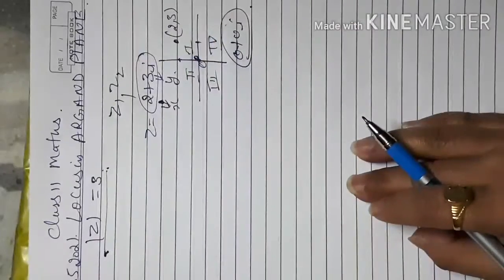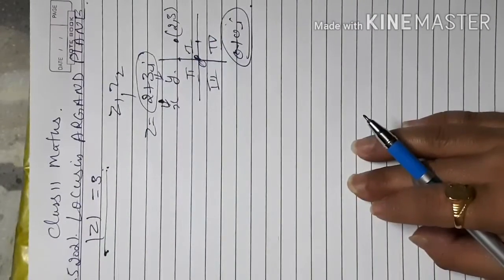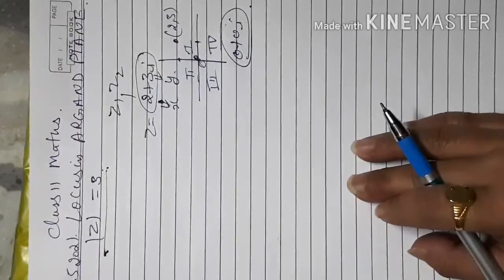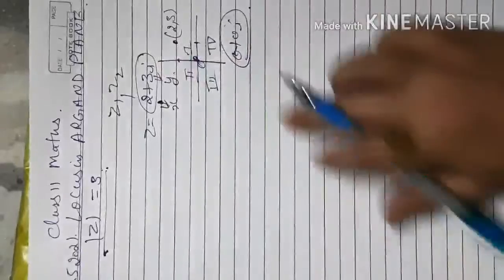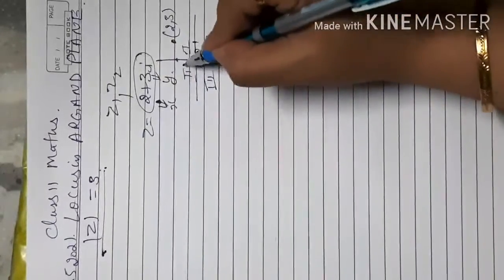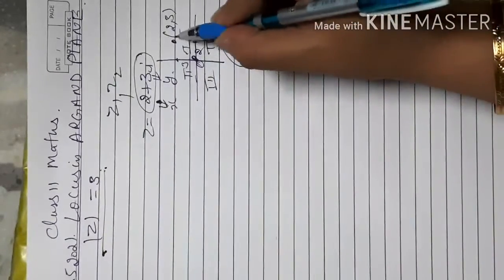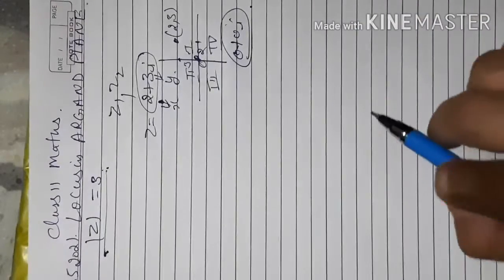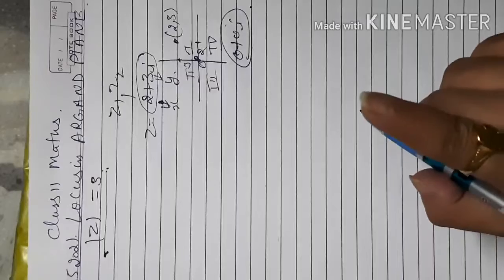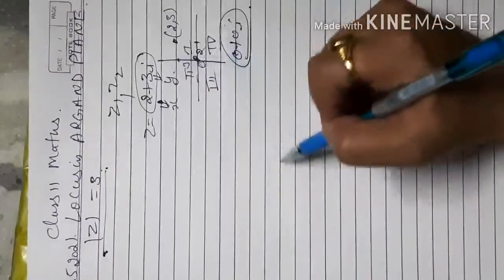But if I have only this 2 plus 3i, this is my complex number. Before, if you had one complex number, you just found it: it covers 2 units here and 3 units here, and when you join them in xy, this will be a point. But in this case, remember one thing is silent here: the origin.